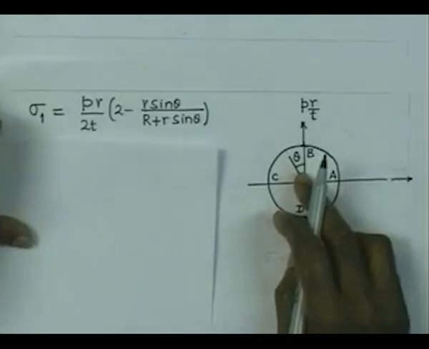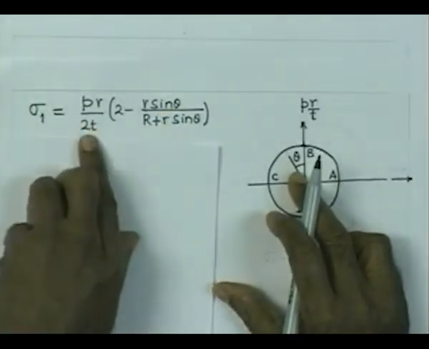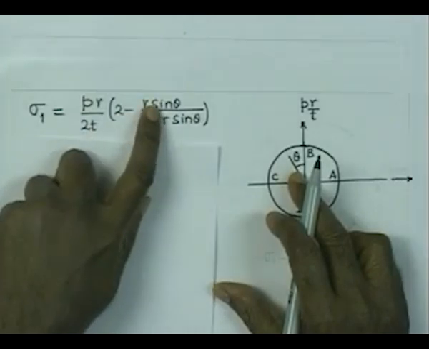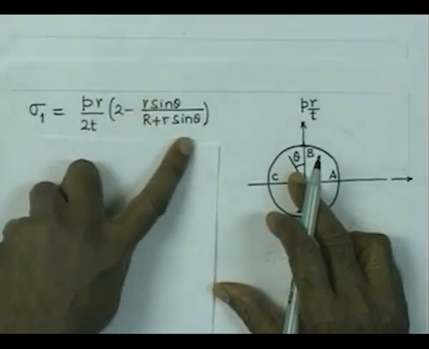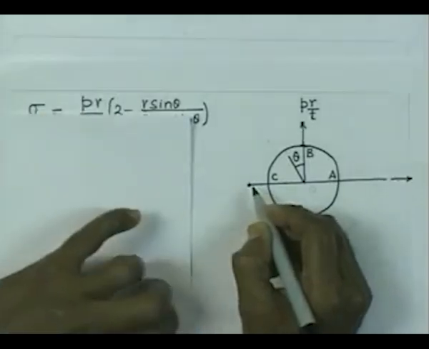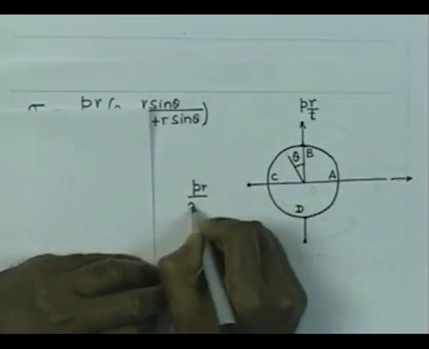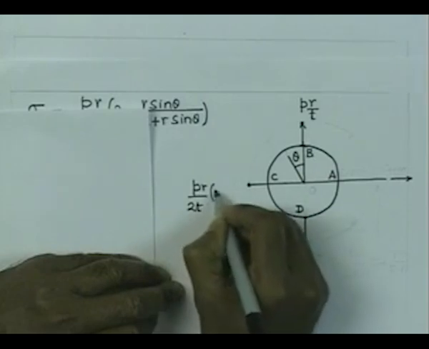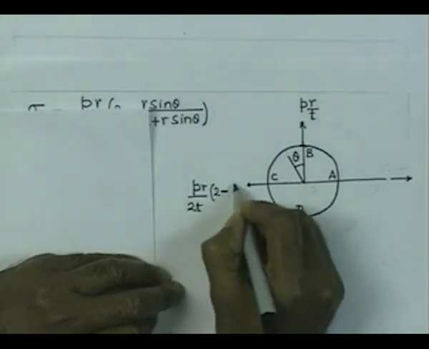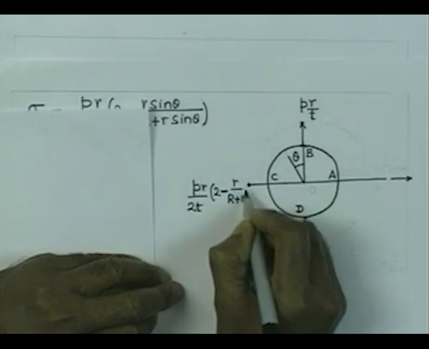Look at this. If I now consider theta equal to 90 degrees, sin theta is 1. So it is P R by 2 t into (2 minus r) by (r plus r). So the magnitude of the stress at this point is going to be P R by 2 t into (2 minus r) by (r plus r).